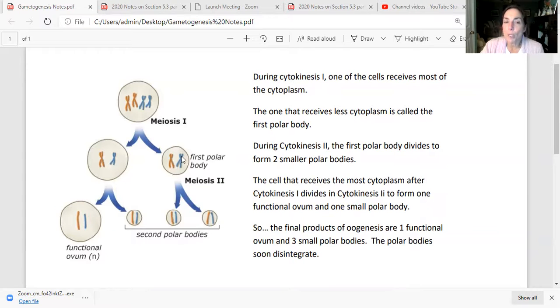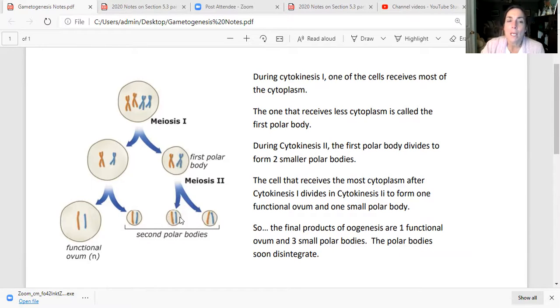But this first polar body that was formed after cytokinesis 1 will split again after cytokinesis 2. And what you get are two even smaller cells, what we call polar bodies. So the first polar body splits into two polar bodies.